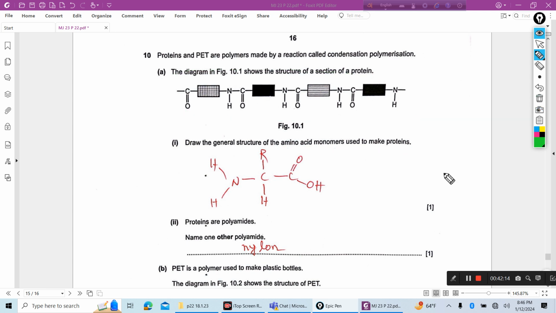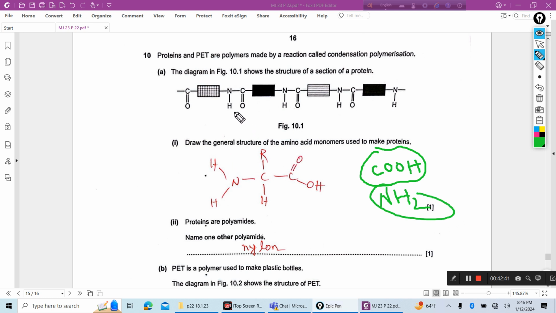That means you know amino acid contains the same carbon, contains a carboxyl group and an NH2 group, amino group. Amino acid contains the same carbon with a carboxyl group and an NH2 group.